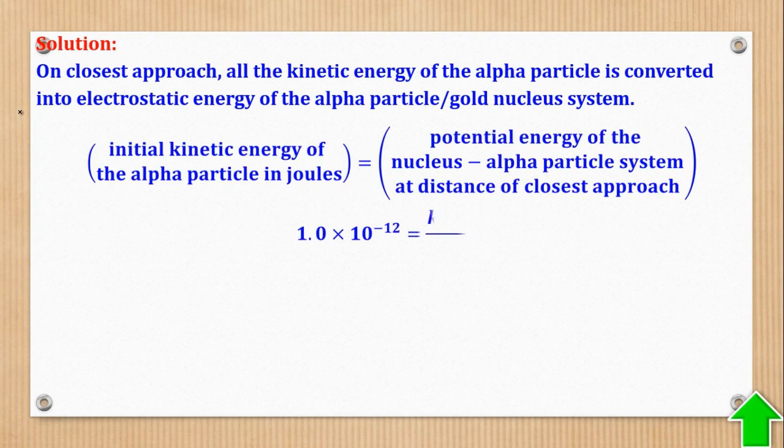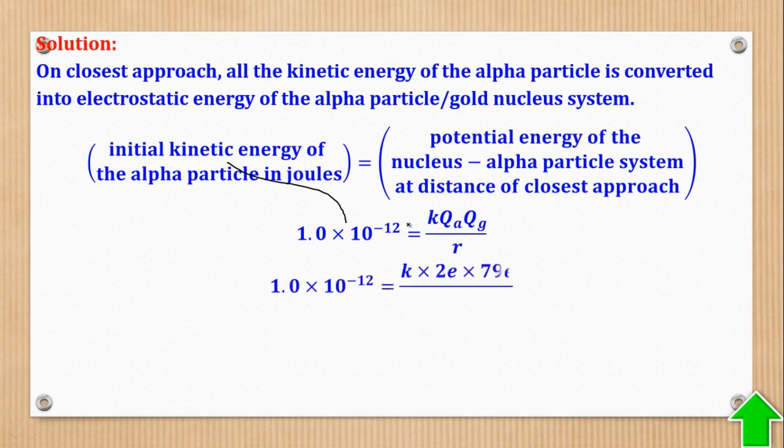Therefore, we shall quote the formula. Now, this one was already given. Then the potential energy is K Q1 Q2 over R, which is the separation or closest distance. Therefore, substitute, and you know this is that, and this is that according to the question. And this is the closest distance of approach.